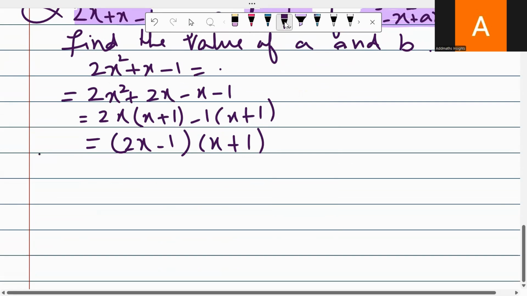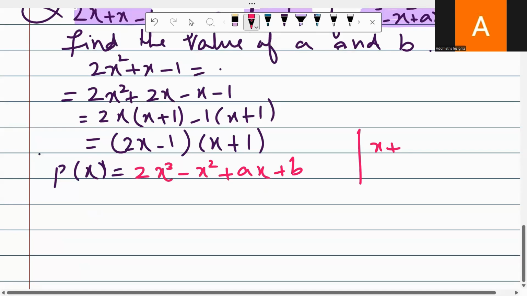First you will write the polynomial p of x is equal to 2x cube minus x square plus ax plus b. And first you substitute this value: x plus 1 is 0, then x is equal to minus 1.